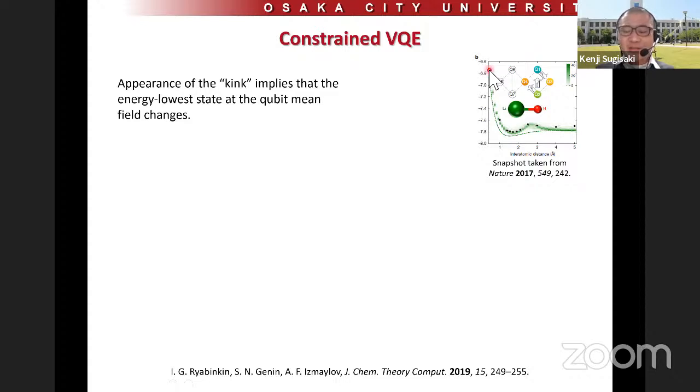The RHF curve is this kind of curve, because RHF cannot describe the bond dissociation very correctly. And also the spin triplet ROHF case; the potential curve is something like this.